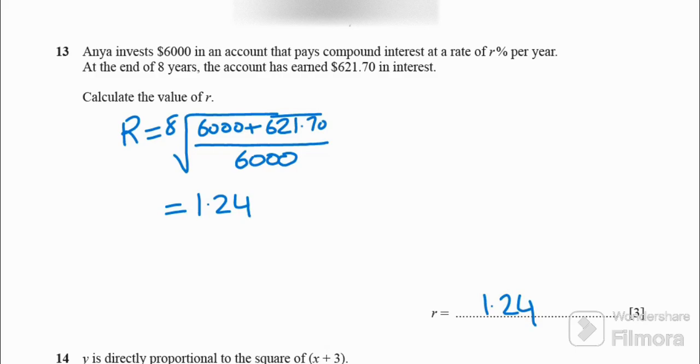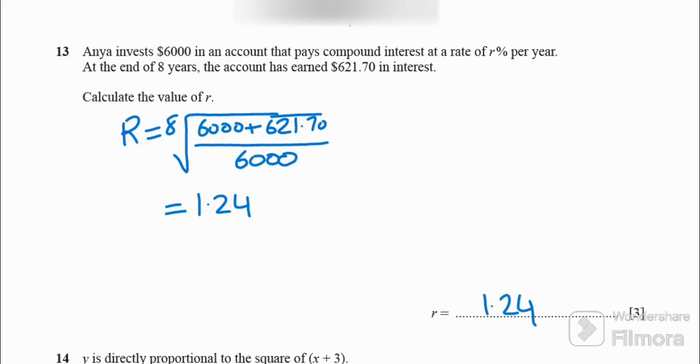Question 13 states Anya invests $6,000 in an account that pays compound interest at a rate of R% per year. At the end of 8 years, the amount has earned $621.71 in interest.